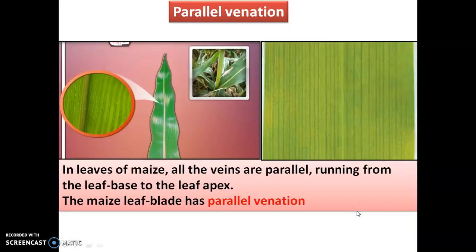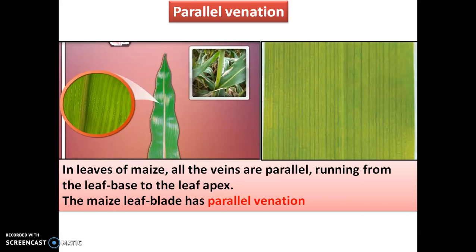Then the second is called parallel venation. In the leaves of maize, all the veins are parallel, running from the leaf base to the leaf apex. This is the leaf base to leaf apex. See here, these are all parallel lines. You have studied parallel lines in maths. What is the meaning of parallel lines? The lines that do not intersect. So if we see the veins here, you can see that the veins are not intersecting, but running parallel like railway tracks, from the leaf base to the leaf apex.